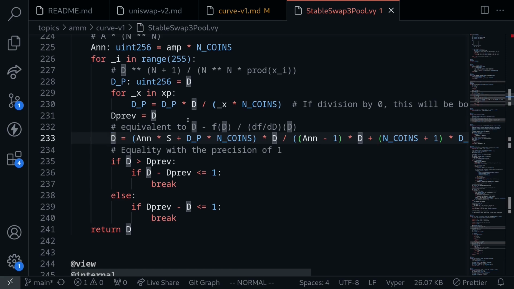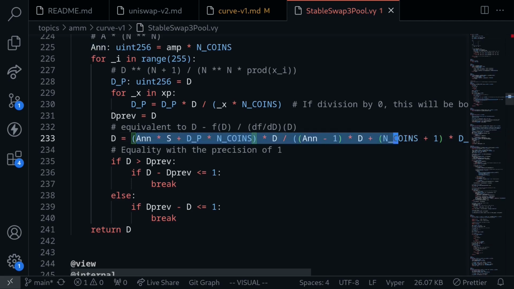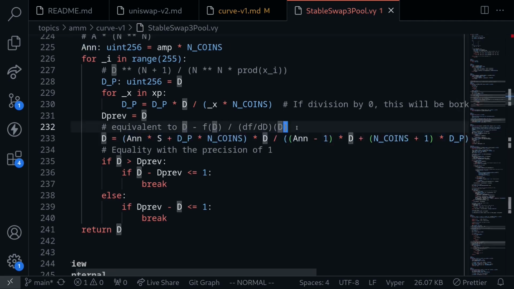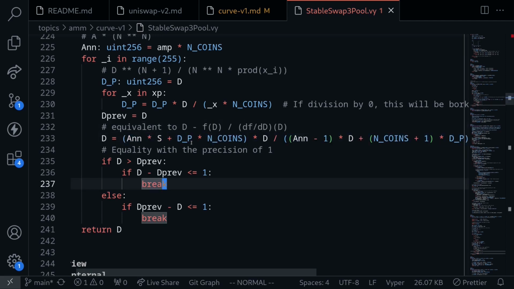Remember that for each iteration of Newton's method, we calculate the next D to be equal to D minus f of D divided by the derivative of f with respect to D, evaluated at D. You can check for yourself that this code over here is equivalent to this equation. And I'll also link you to a Python code that I wrote that quickly checks that this code and this code are equal. Okay, moving on.